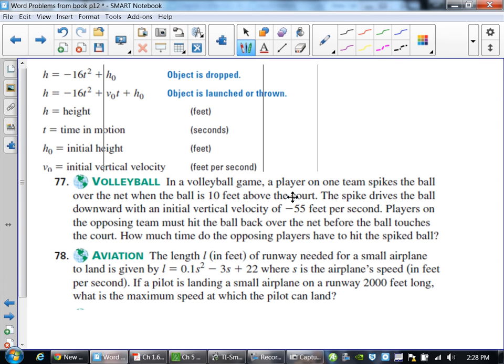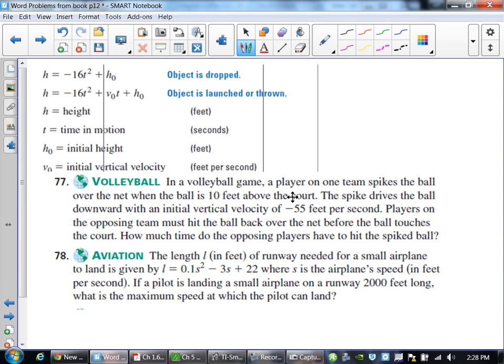Look at this, real world math. The team spikes the ball over the net when the ball is 10 feet from the court.